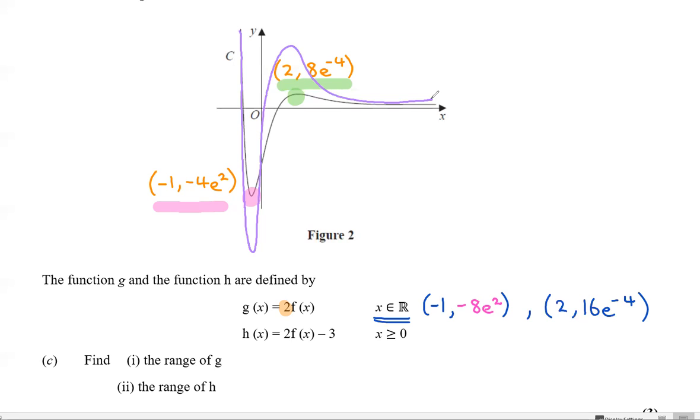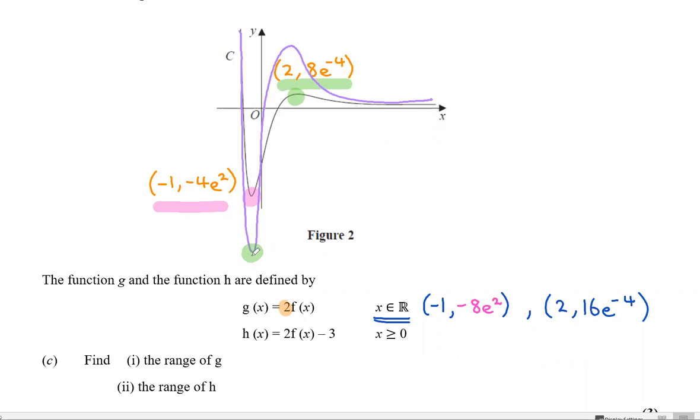Because it's shooting off up to infinity for x values less than -1, we have to state a lower bound for our range. So what I mean by that is g of x has to be greater than or equal to this lower limit, which is the first turning point where the minimum occurs.